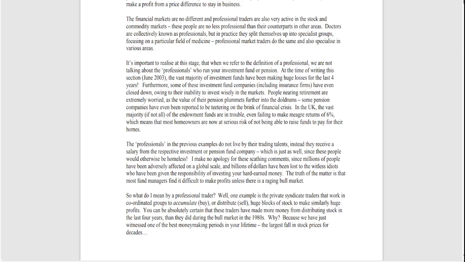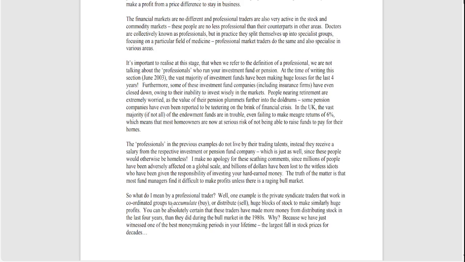Then who is the smart money? What do I mean by the professional trader? Well, one example is the private syndicate traders that work in coordinated groups to accumulate or distribute huge blocks of stocks or instruments.